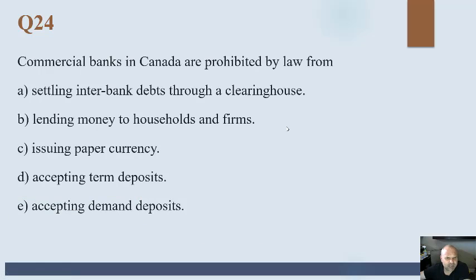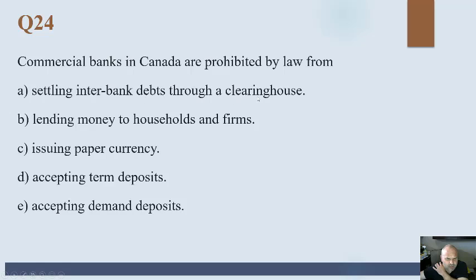Commercial banks in Canada are prohibited by law from which one of the following? So think about the lecture notes on this topic and think about which one is correct here. Hit pause. Okay, A is not the right answer because we know that this is true. Don't dwell too much on this.